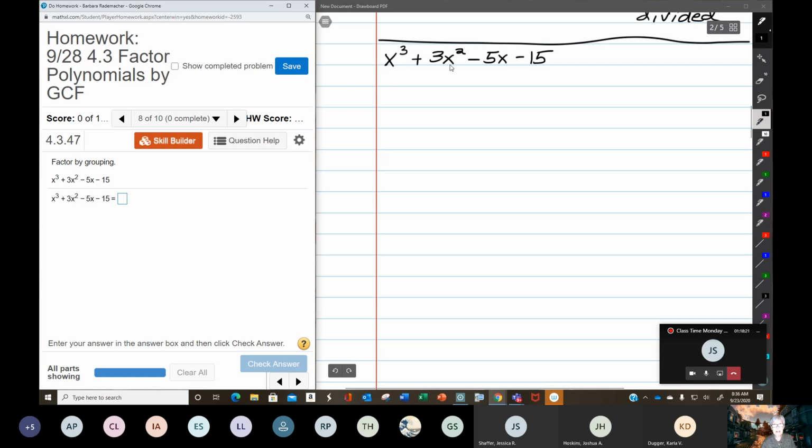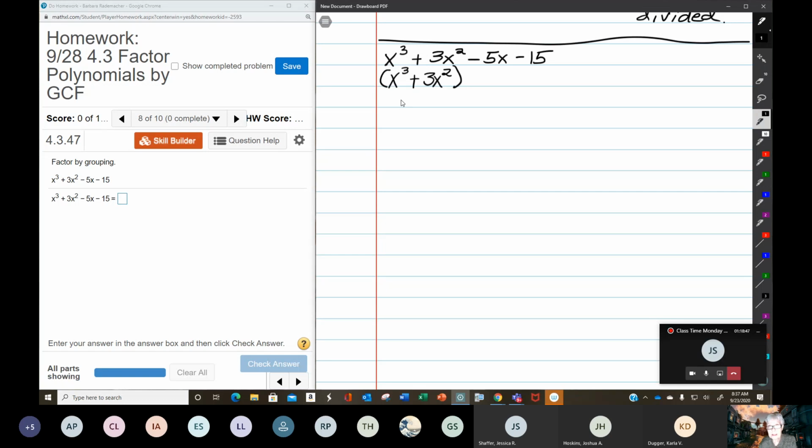There's a 3 in 15. And there's a 3 there, but not in the other terms. So no, there is no GCF for all 4 terms. So I'm going to factor by grouping now. I take the first 2 terms and I put them in parentheses.